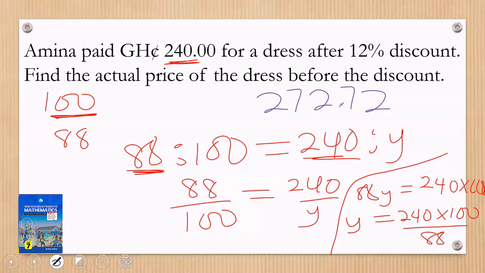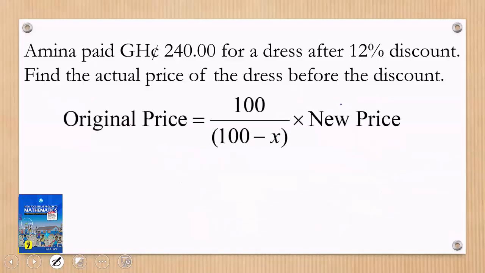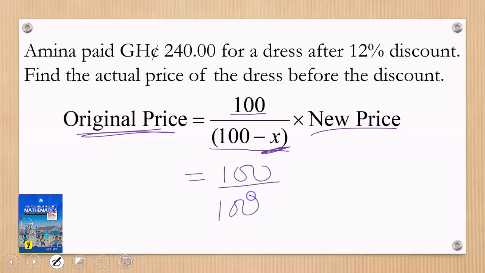That means he has received some amount of discount free of charge, right? This question can be solved alternatively by using a formula. The formula is: the original price, which we don't know, is equal to 100 over 100 minus the discount percentage, times the new price that has been paid. So the original price will be equal to 100 over 100 minus x, where x represents the 12%, times the new price, which is 240.